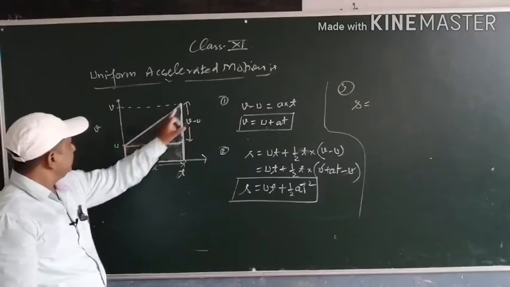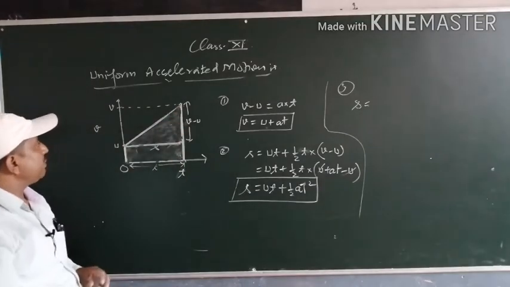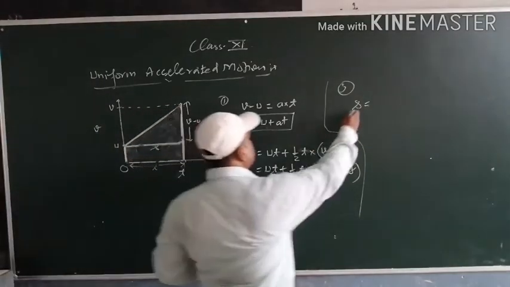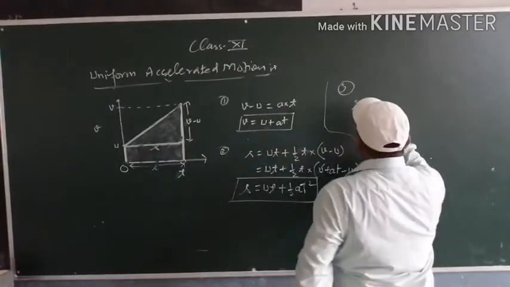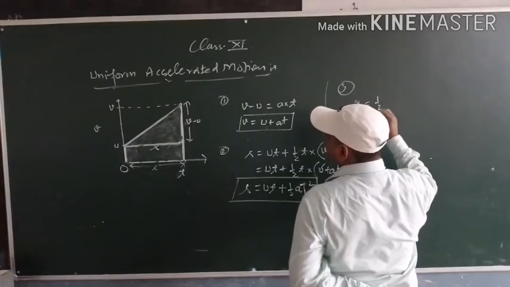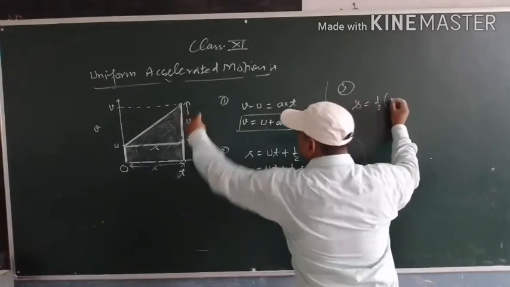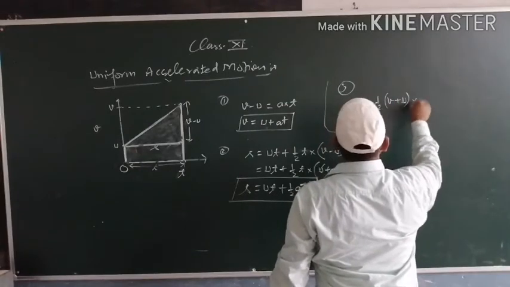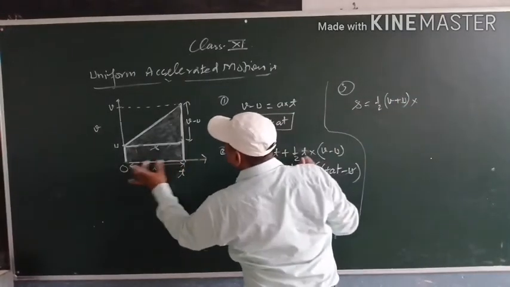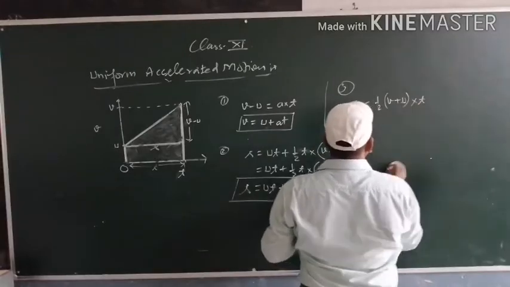This quadrilateral can be considered as a trapezium. So the displacement is the area of the trapezium, which is half of the sum of the parallel sides, that is v plus u, multiplied by the perpendicular distance between the parallel sides, that is t.